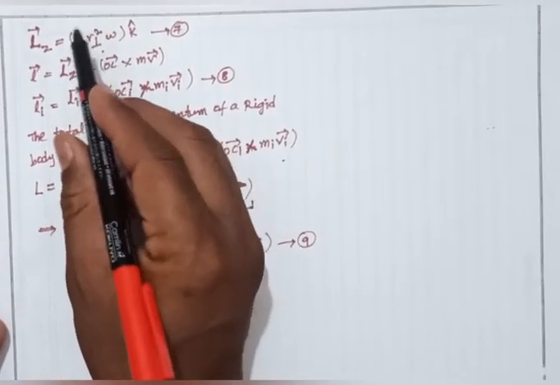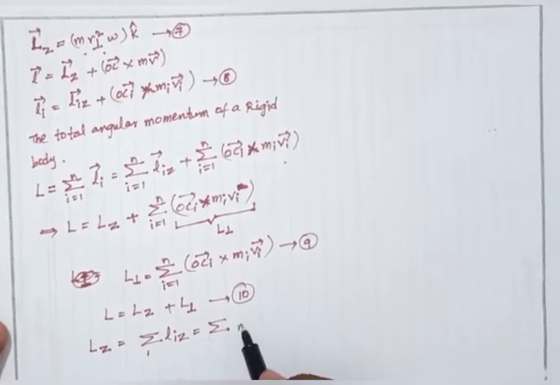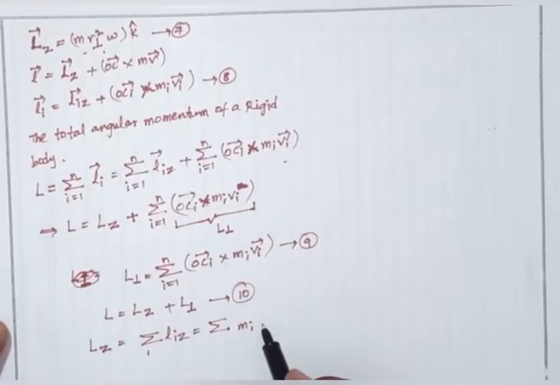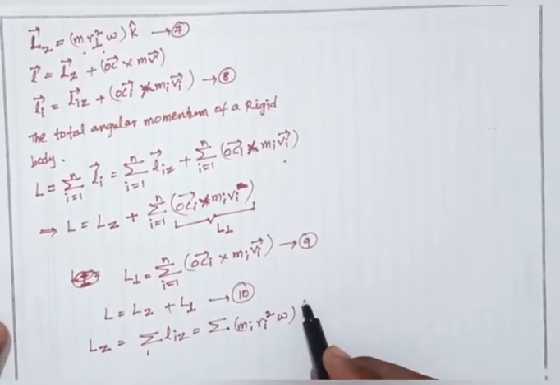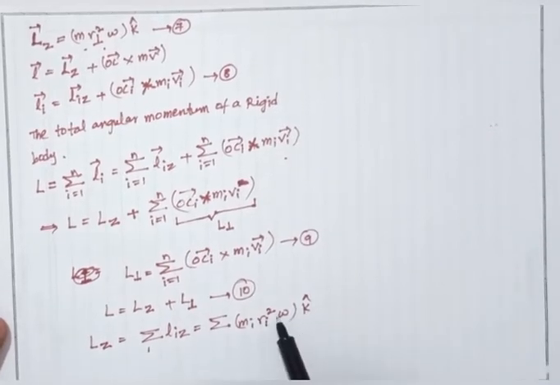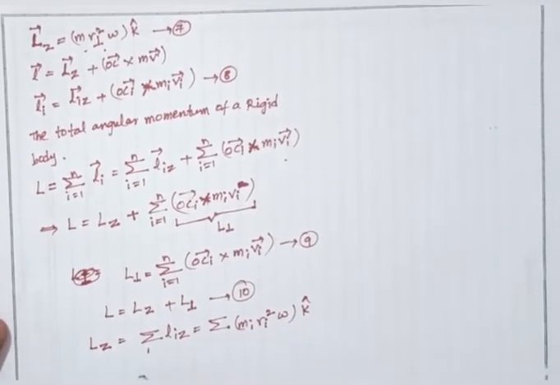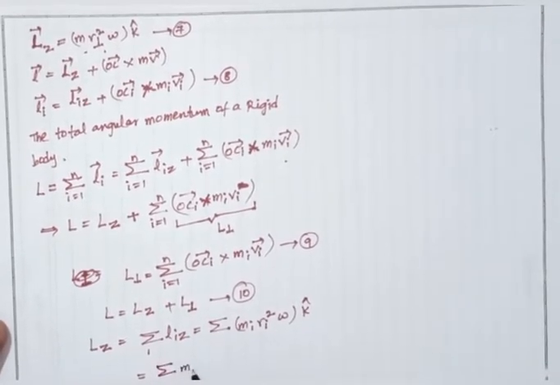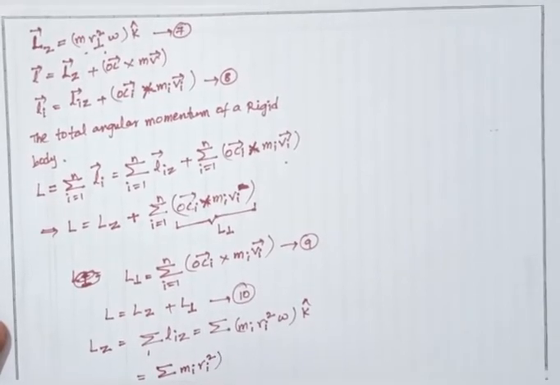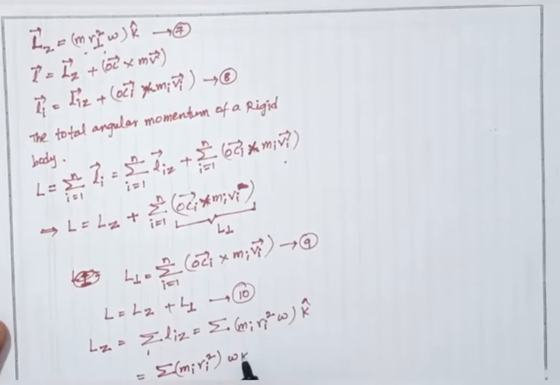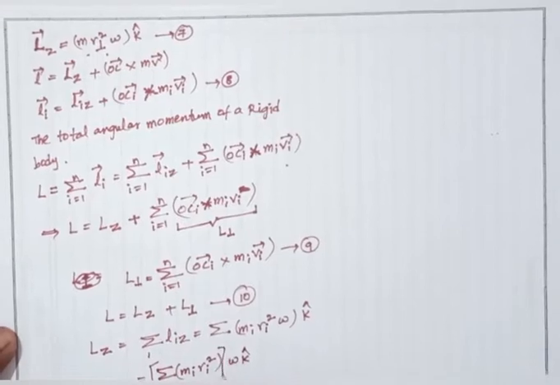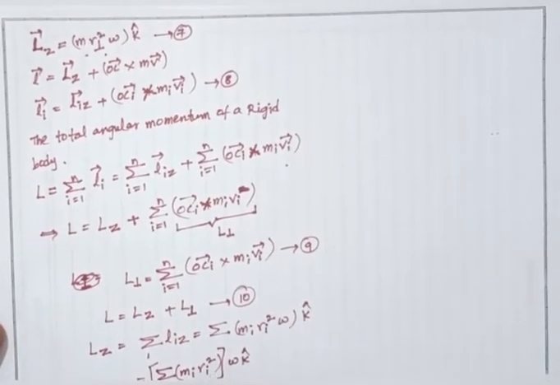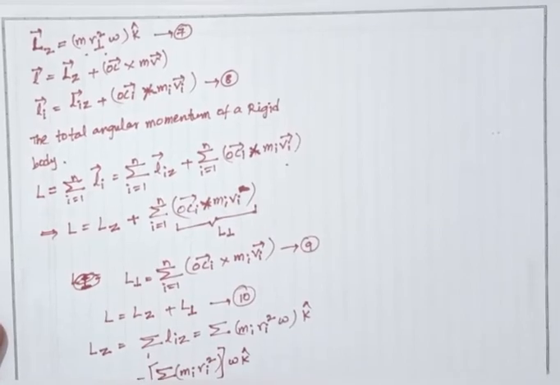Here we have taken the ith particle, so m_i, R perpendicular, also R_i squared omega k cap. So Lz equals the summation of m_i R_i squared, where omega is constant and k cap is a unit vector. This term, the summation of m_i R_i squared, is the moment of inertia.